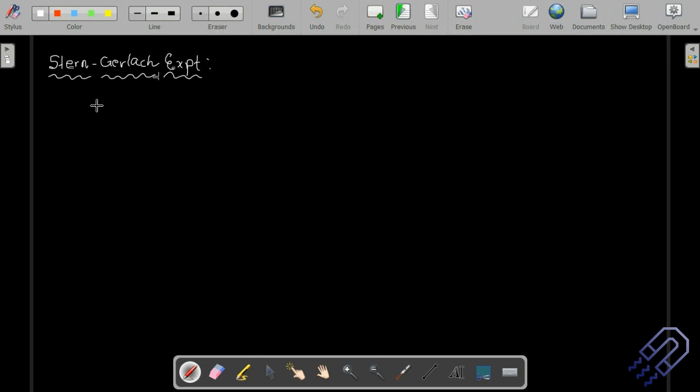If we look into the features of the vector atom model, there are two features. One is the spinning electron. That is very important. When we talk about the Bohr model, we only have the electrons revolving around the nucleus, but the vector atom model considered that the electron is actually spinning on its own axis as well.